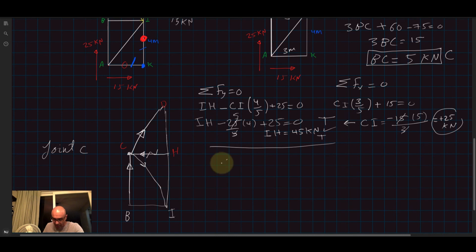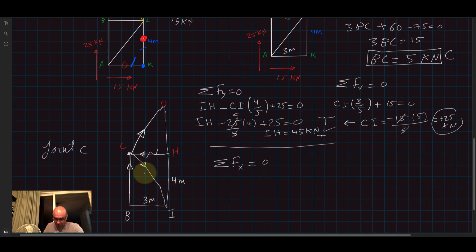CB, we got it here. So I'm going to say summation over Fx, that's joint C, must be equal to 0. Okay, how much is that going to help us? Alright, so this is 3 as we remember, this is 4 meters, this is 3 meters.